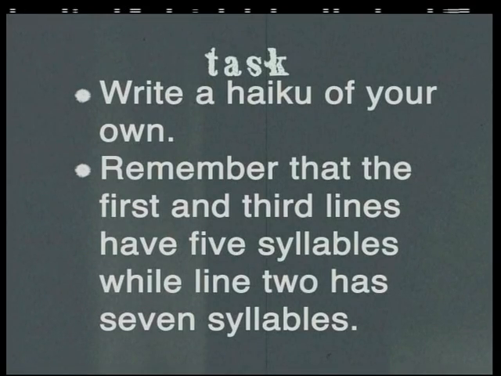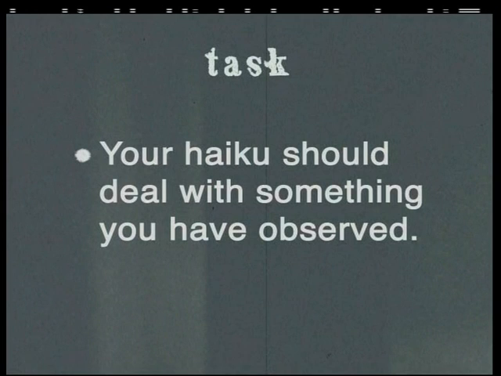Write a haiku of your own. As you do this, remember that in a haiku, the first and third lines have 5 syllables, while line 2 has 7 syllables. Your haiku should deal with something you have observed.